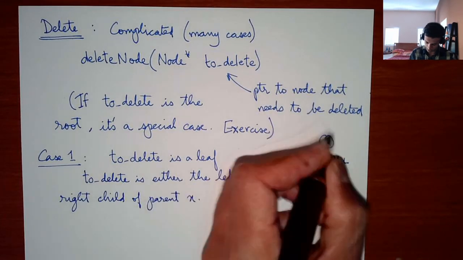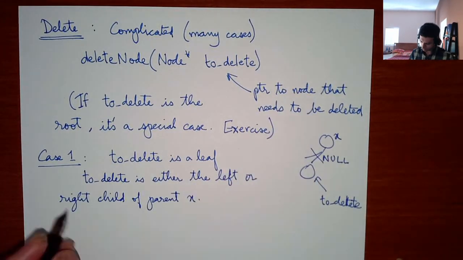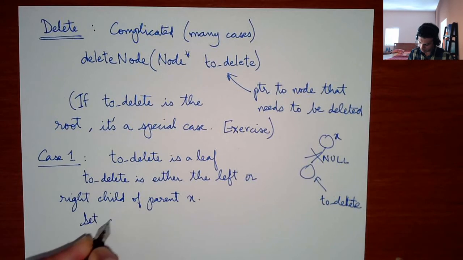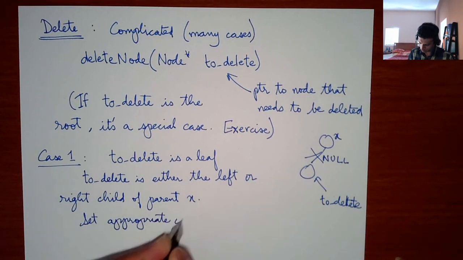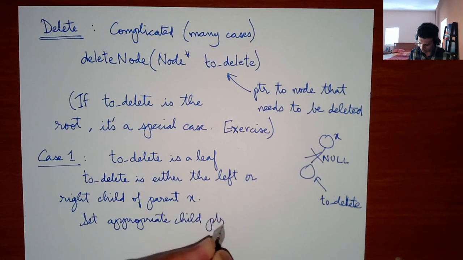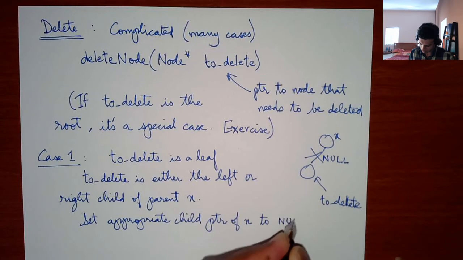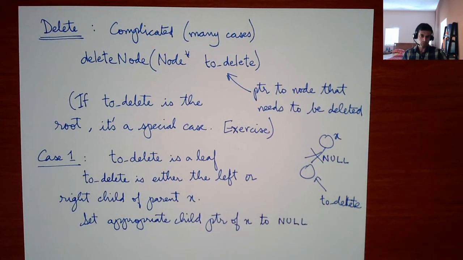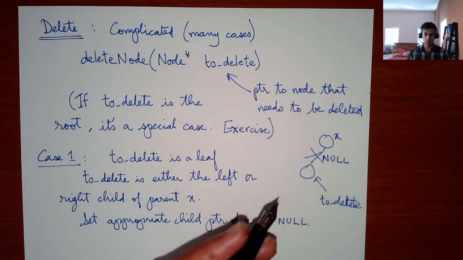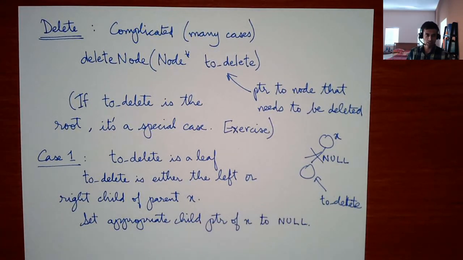I'll refer to the parent as X. So you simply set the appropriate child pointer of X to null. And then the deletion is done. Right? So you've effectively removed it from the tree. So this is the simplest case.